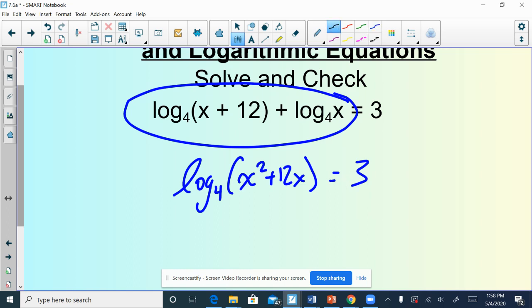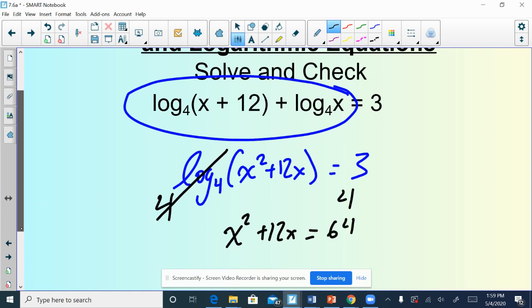At this point, we should know what undoes log base 4. The inverse of log base 4 is 4 to a power. If I do it to one side, I have to do it to the other side. They cancel here, and we get x squared plus 12x is equal to 64.